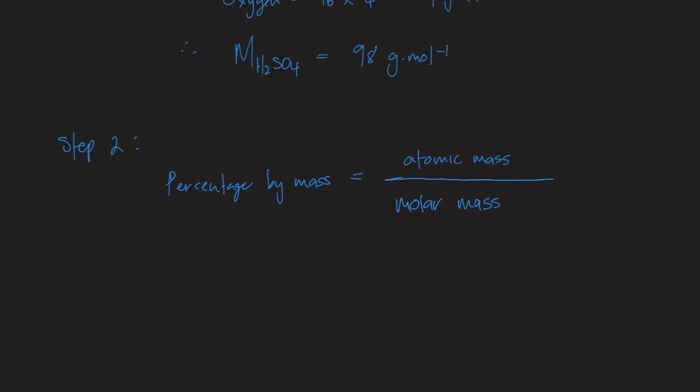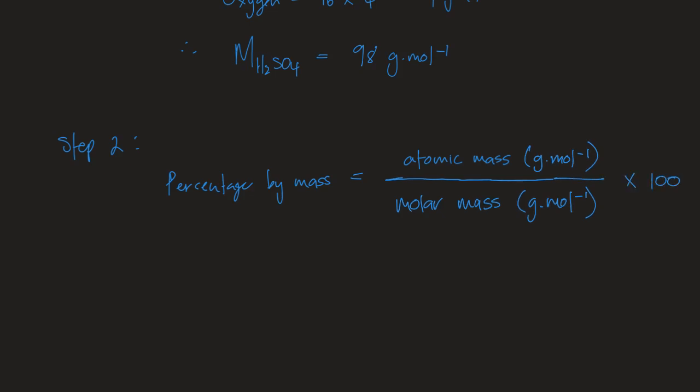Your atomic mass here is in grams per mole of your atom or molecule that's part of this compound, and the molar mass is also in grams per mole. We take that whole thing and times it by 100. And that is your formula.